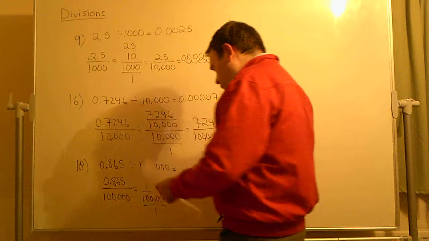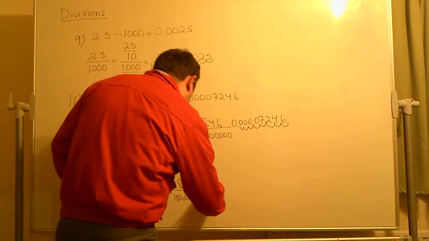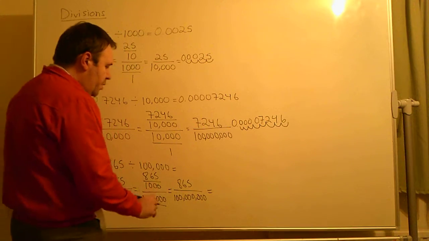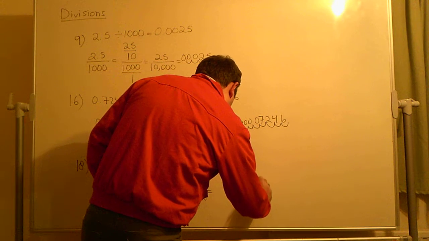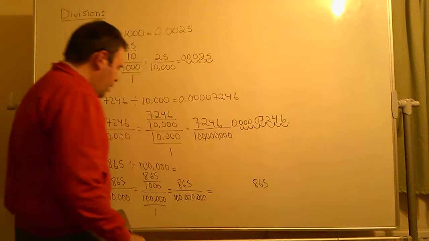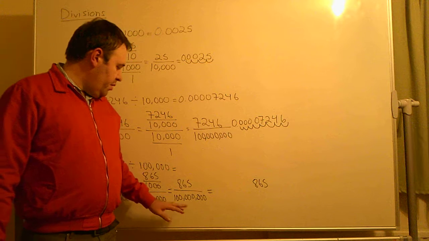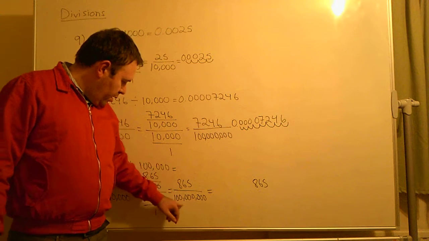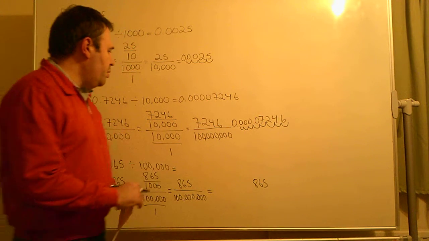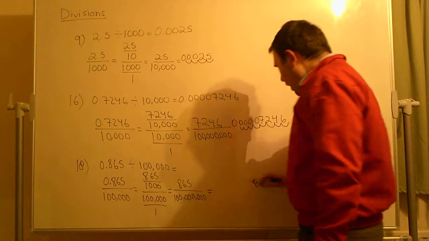Yep. So now, if we want to turn this into a decimal, we write down 865 here, and we need to count the number of zeros. How many zeros do we have? We have 3, 3, and 2, so we have 8. So we need to move the decimal point 8 places to the left.